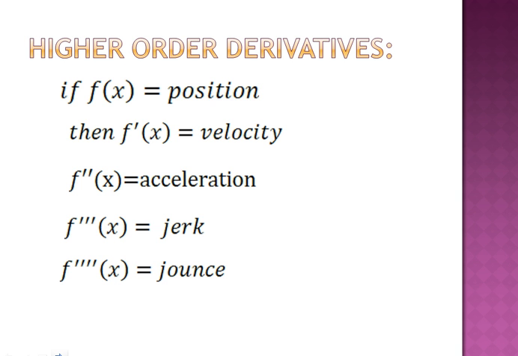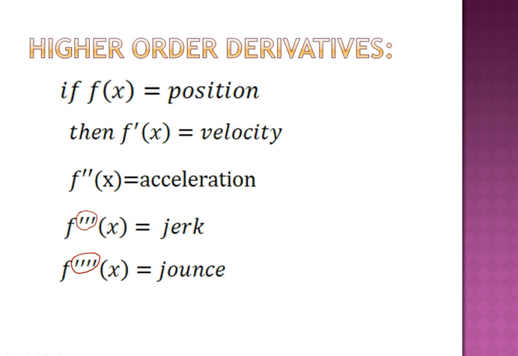Now jounce, as far as I know, doesn't have a real physics application, although derivatives in multiple form have a lot of applications. So we can derive as many times as we want, but the problem with our notation is you can see, starting with the third one, having so many apostrophes is starting to get rather messy.